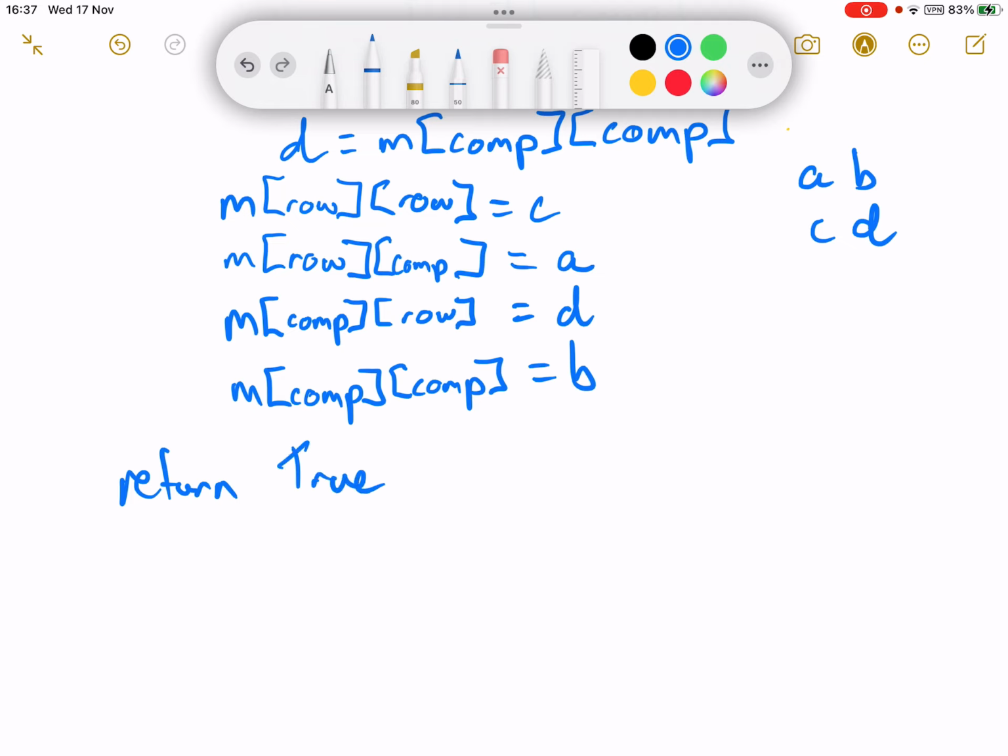So to make things interesting, let's use a 3x3 as a test.